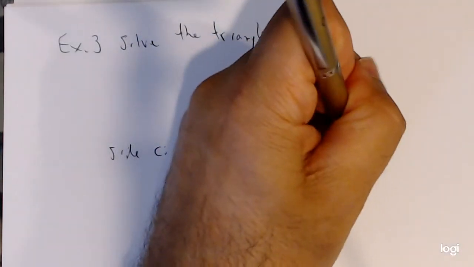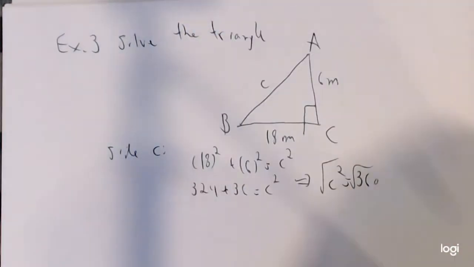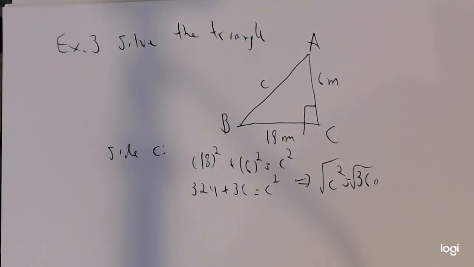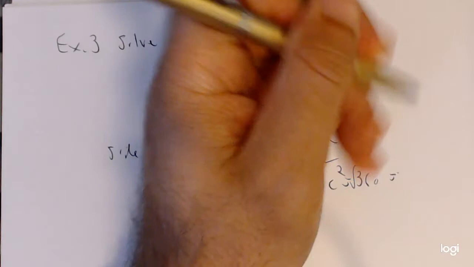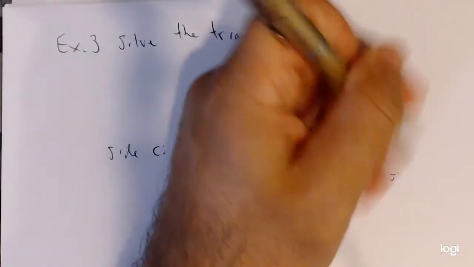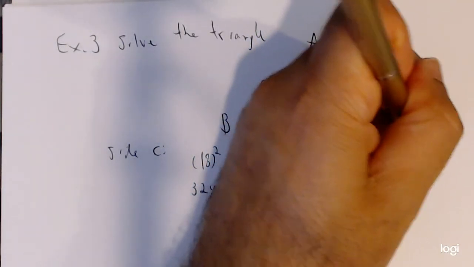And then to solve for C, we square root this, and the square root of 360 ends up being, I think we need to simplify it as 36 times 10, so 6 rad 10, I believe.